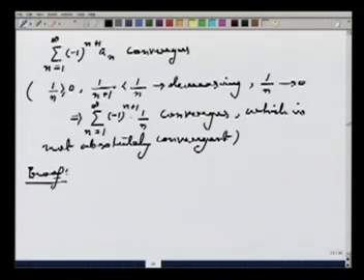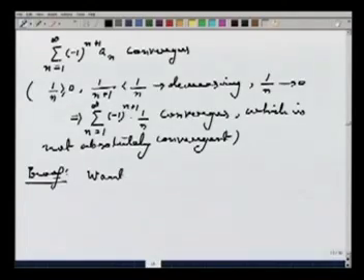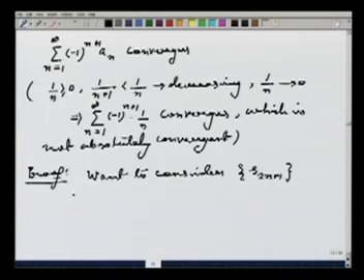So first we will look at partial sums of the series, but the even partial sums and the odd partial sums. So we want to consider the odd partial sums S_{2n+1} and S_{2n}.